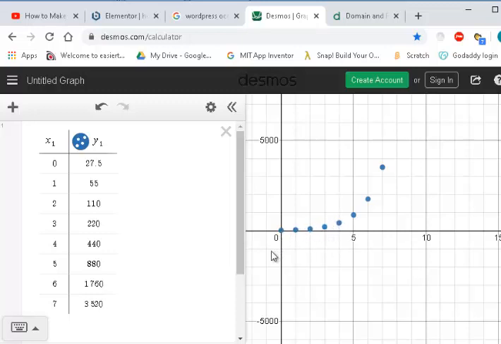And as you can see, when you go from left to right on the x-axis, the y values are increasing, so this is an exponential growth. The y-intercept is when the graph hits the y-axis, and it is equal to 27.5, which is the same as this value here.